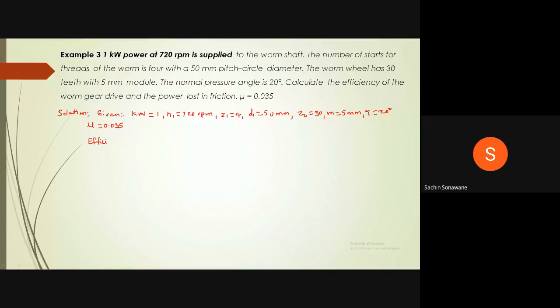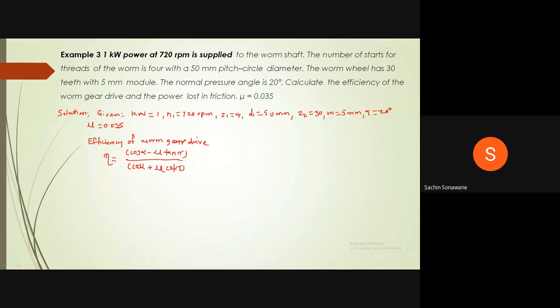Efficiency of worm gear drive is equal to cos of alpha minus mu tan of gamma, divided by cos of alpha plus mu cot of gamma.